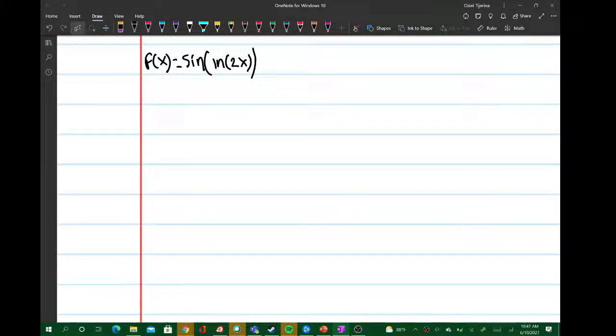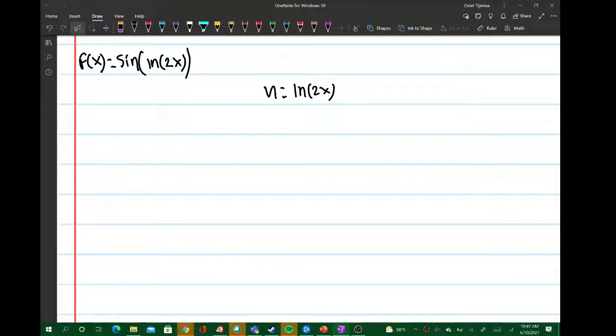So if we look at this, let's make u equal to ln of 2x, right? And let's turn this into y equals, because that way we can use a dy du form.